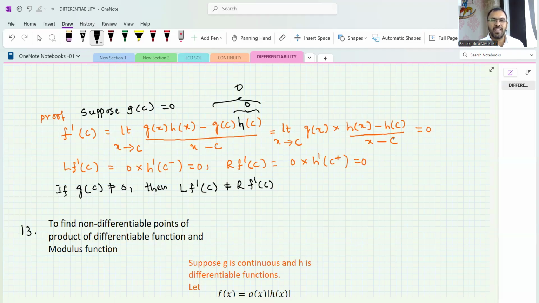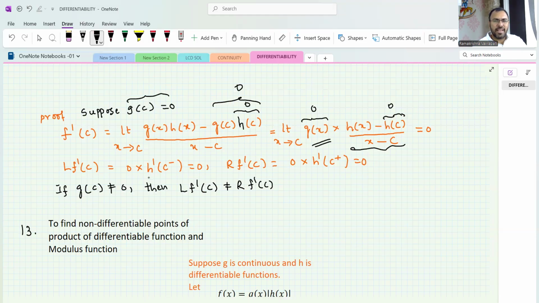So you take out that g of x, then h of x minus h of c. Nothing else is there; this is already 0. Now you see that LF dash of c involves the derivative of the h function. Anyway, g is continuous, and its value is 0 since we have taken g of c equal to 0.